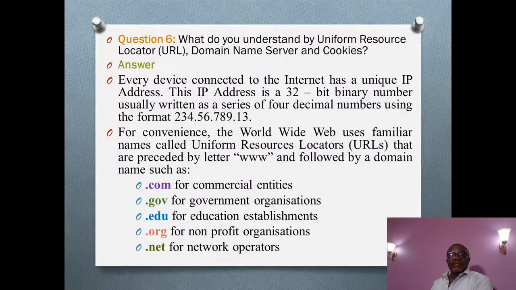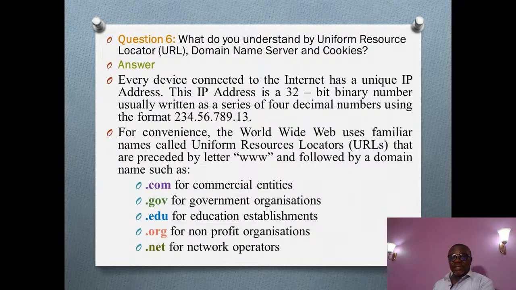So for convenience, the World Wide Web uses familiar names called uniform resource locators that are preceded by www and followed by a domain name such as .com, which is for commercial entities, .gov for government organizations, .edu for education establishments, .org for non-profit organizations, and .net for network operators.